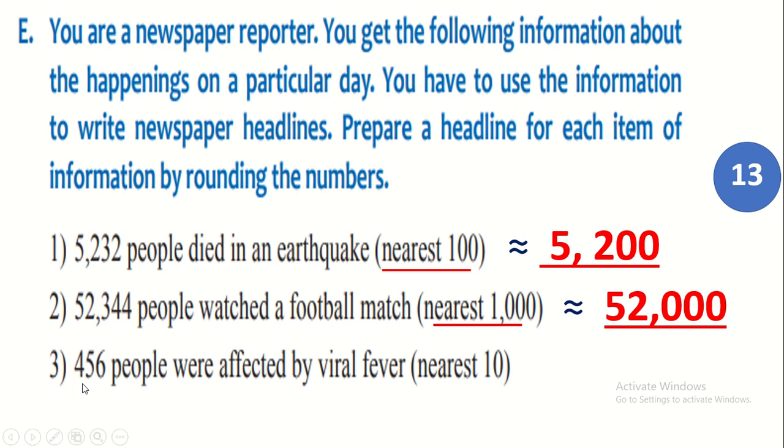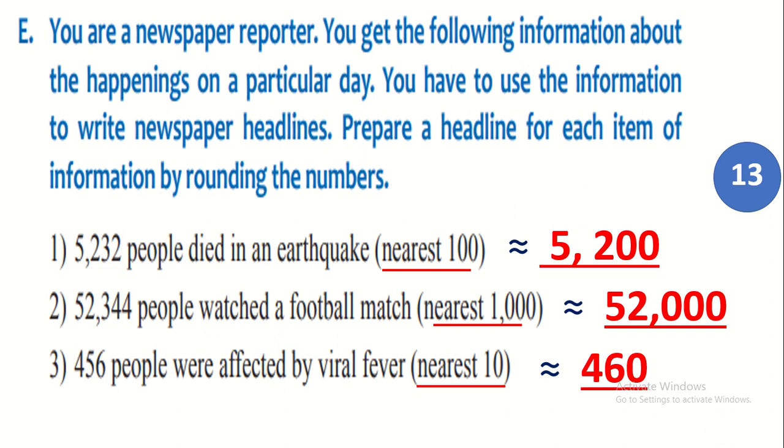You have 456 people were affected by a viral fever. Nearest 10. The tens digit is 5, and next to 5 is 6, more than 5. You round this number to the nearest 10 to 460. Correct, students?